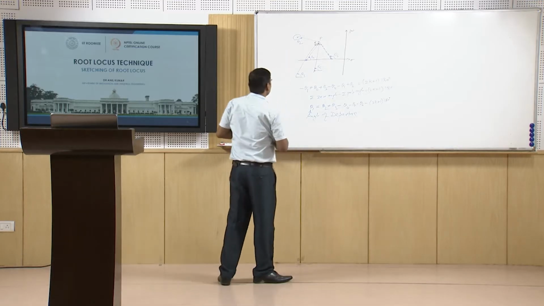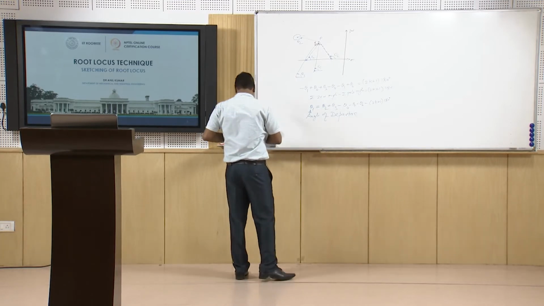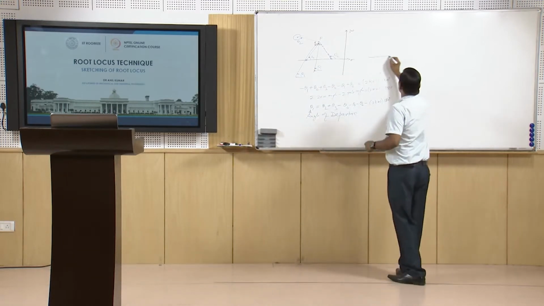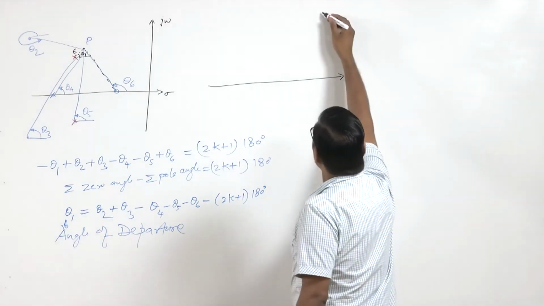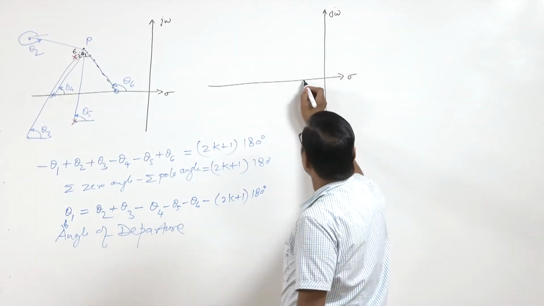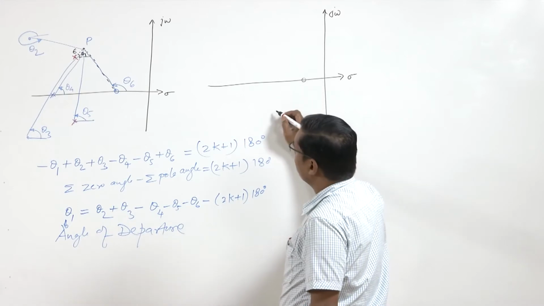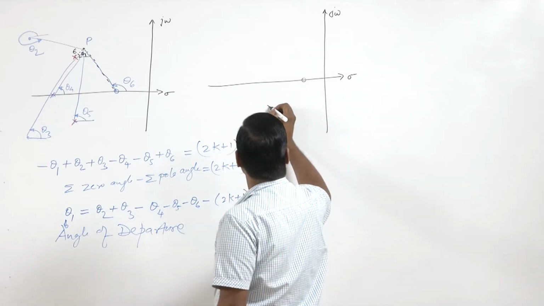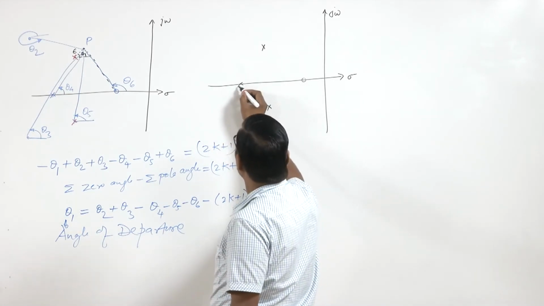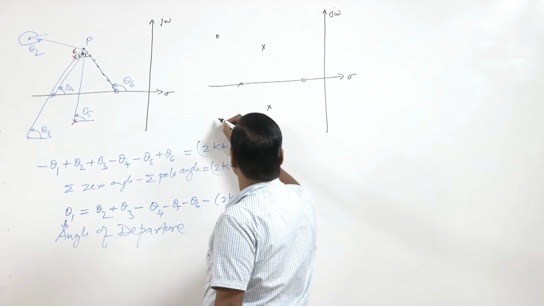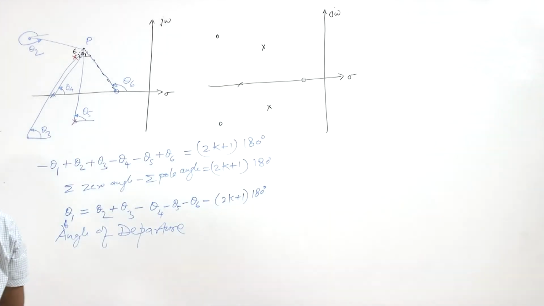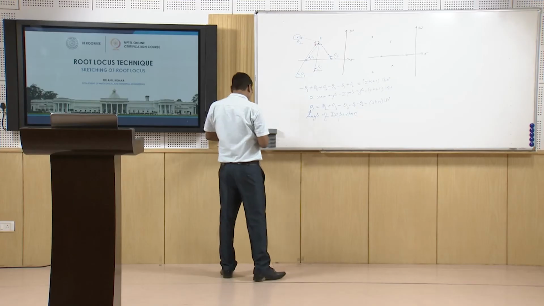Here is the sigma j omega plane, this is a zero, here the poles, then there is a pole, and there are complex zeros, and we want to find at what angle the root locus will arrive.